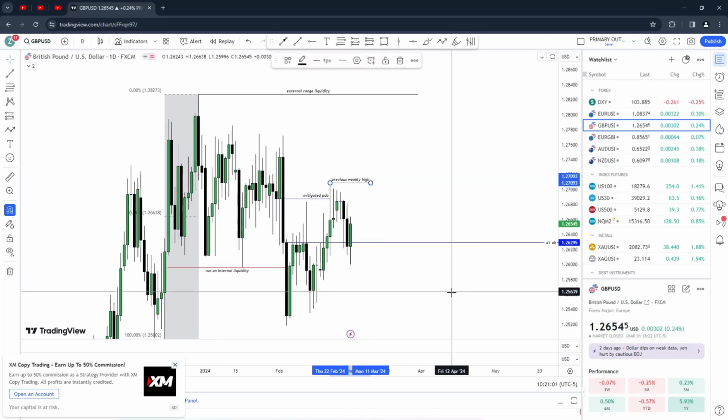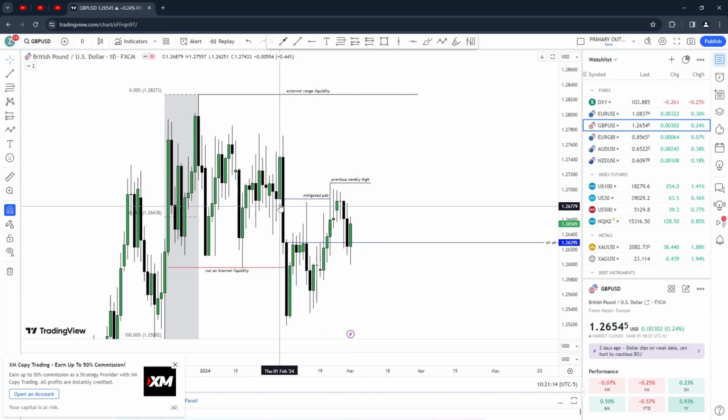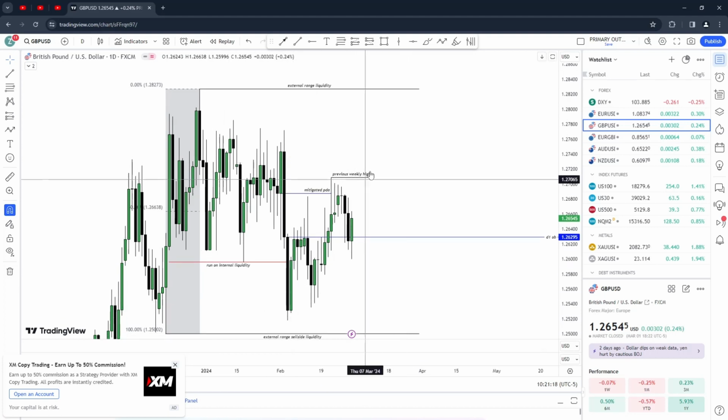I've marked out the previous weekly high as well, which is a form of liquidity. We'll look at this as internal liquidity relative to the weekly chart or relative to the daily chart even, right? We'd look at this as internal liquidity.